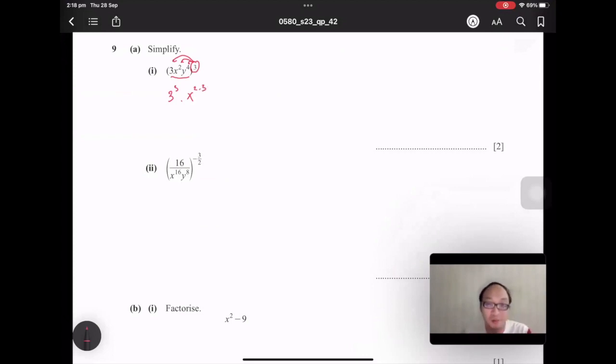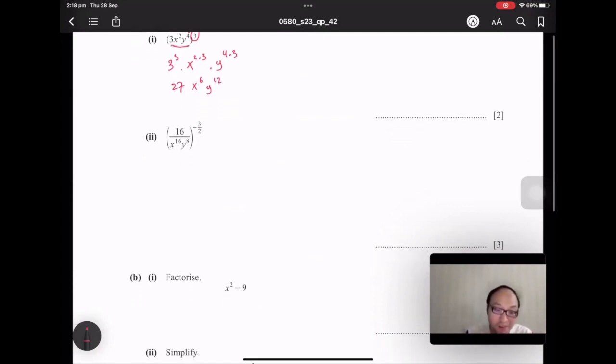When the power is indexed, it is a multiplication. And y, 4 times 3. So it's 27, x to the 6, y to the 12. And this applies also for this. So 16 is 4 squared.